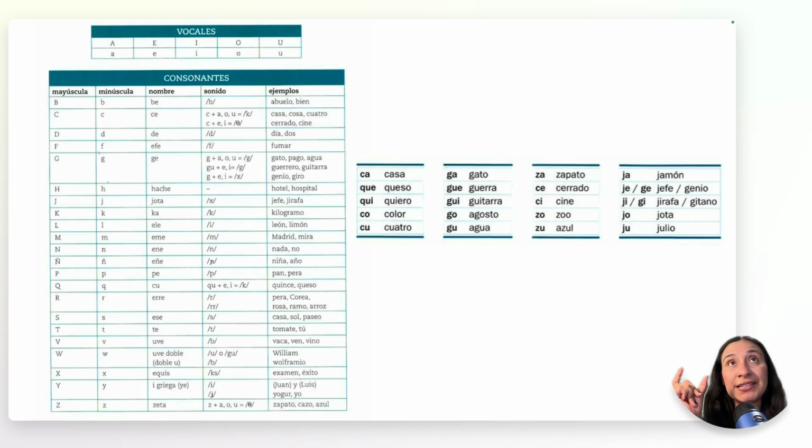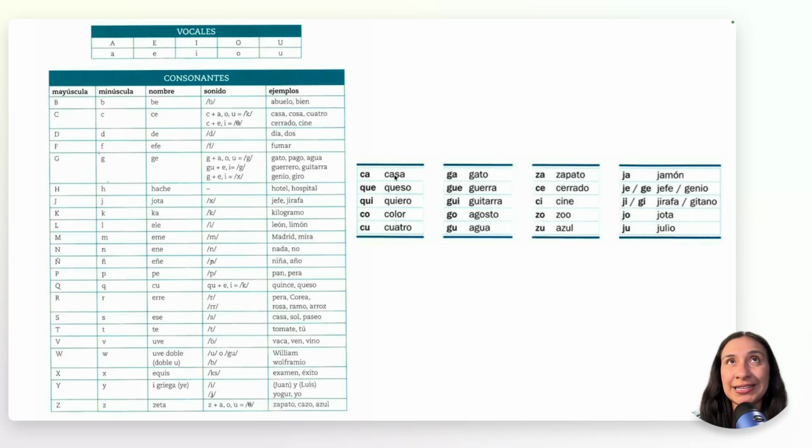So, C-A, K; C-O, K; C-U, Q, right? Q-U-E, K. Q-U-I, ki, right?